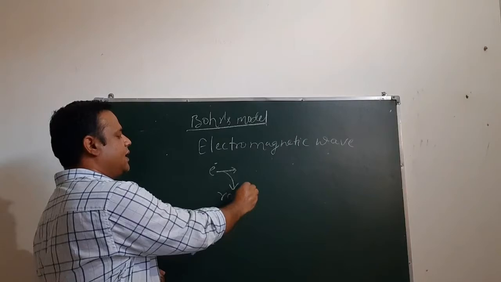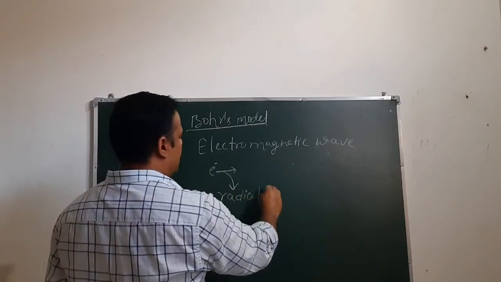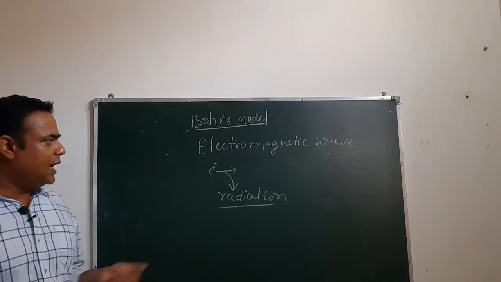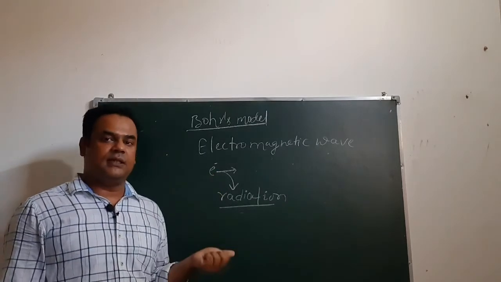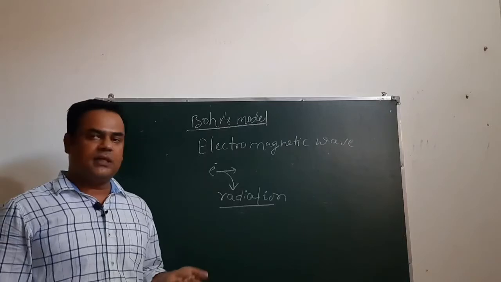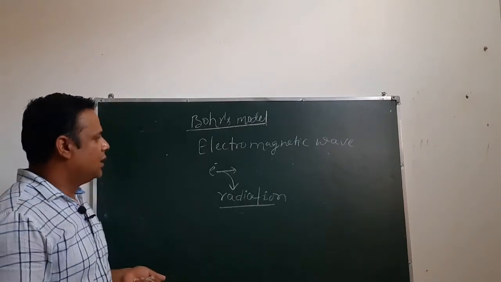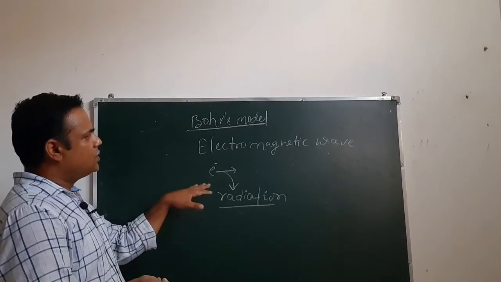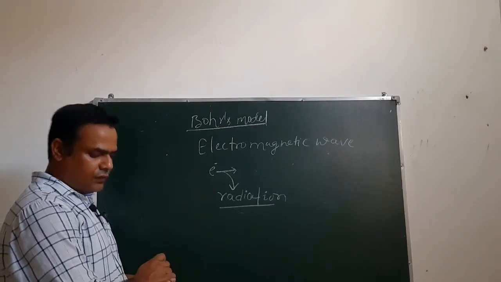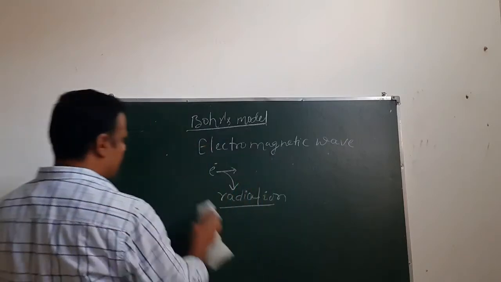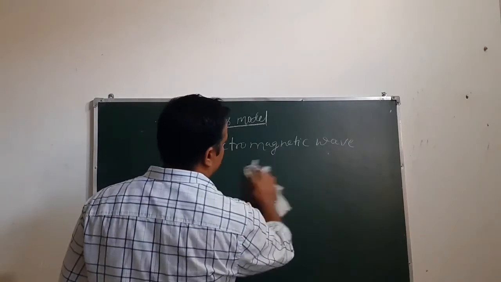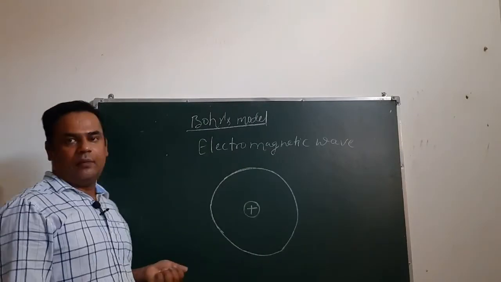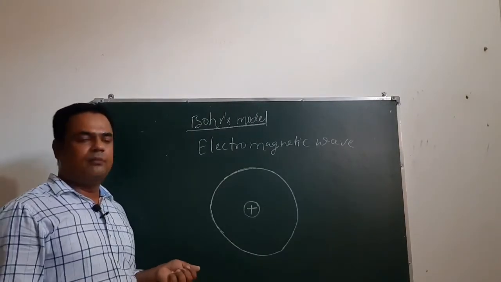Whenever any charged particle moves, what does it emit? Radiation. It emits radiation, and the energy of the particle decreases. The kinetic energy of the particle decreases when it emits radiation. So, taking into account Maxwell's theory, questions were raised over the Rutherford model.